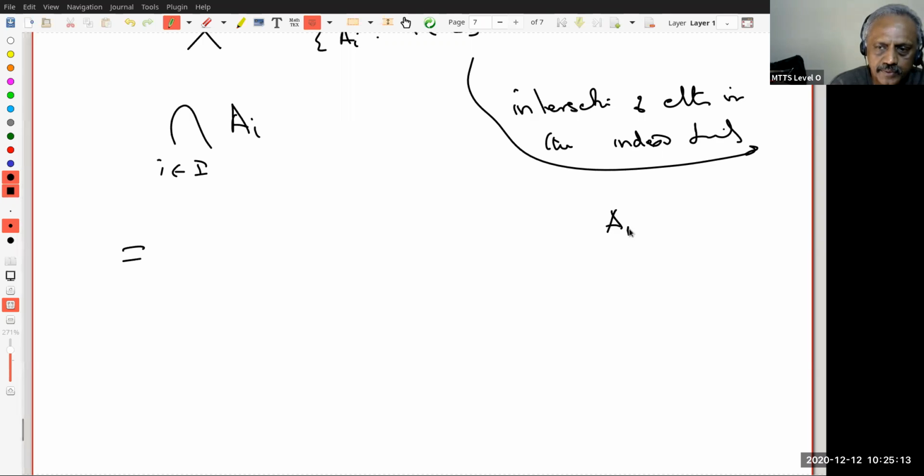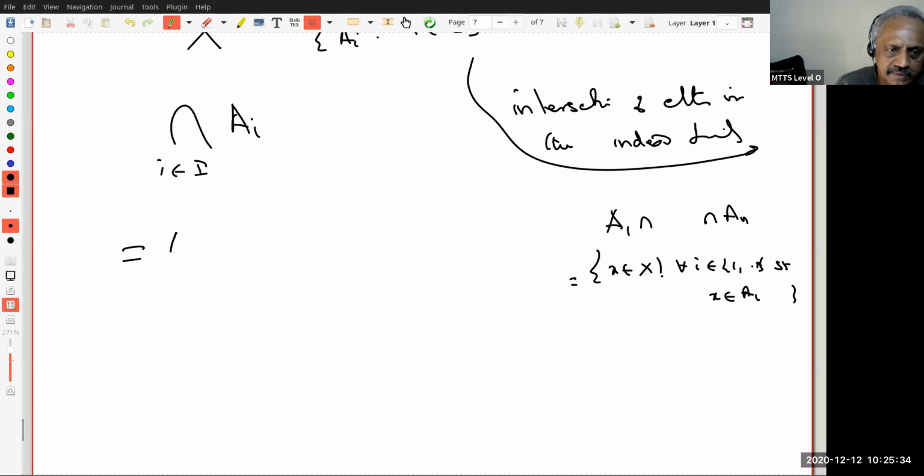How do I define A1 intersection A2 intersection An? It is the set of all x in X with what property? x belongs to A1, x belongs to A2, x belongs to An. How will I write it? For every i in 1 to n, x belongs to A_i. This must happen.